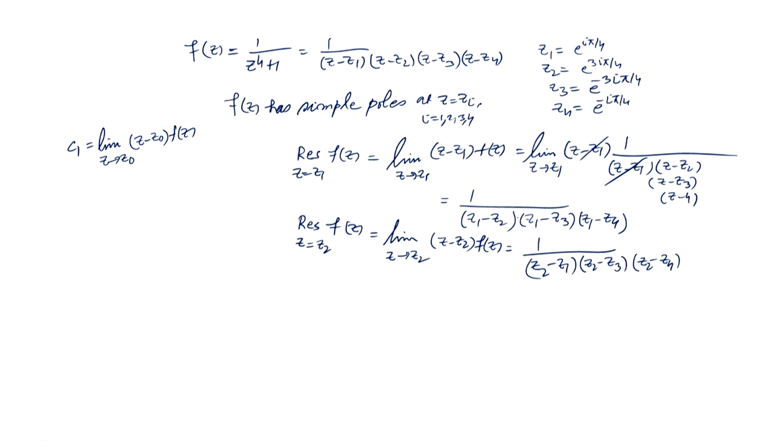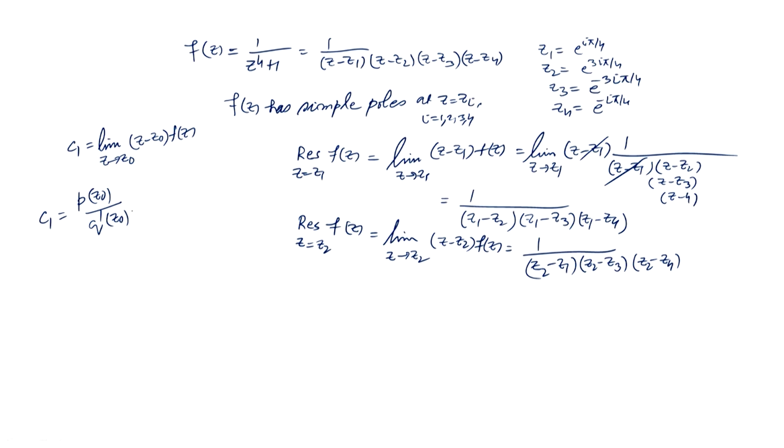If you apply the other formula, c1 equal to P(z0) over Q'(z0), then you will see it is easy to determine the residue at each one: z = z1, z = z2, z = z3 and z = z4.